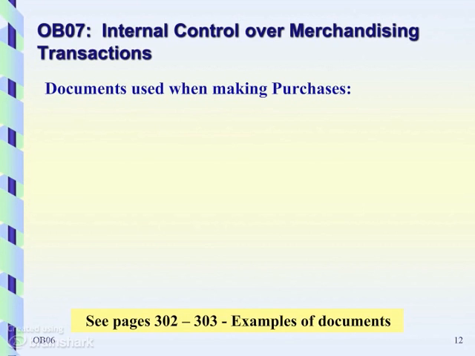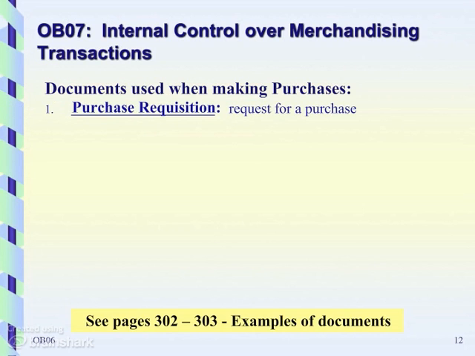Additional forms of internal control relating to making purchases within a merchandising business include the following. You can see examples of these exact documents on pages 302 and 303 in your textbook. So first, when making purchases, a purchase requisition should be put in place. This is just simply a request for purchase by whomever within the organization is looking to make that purchase.